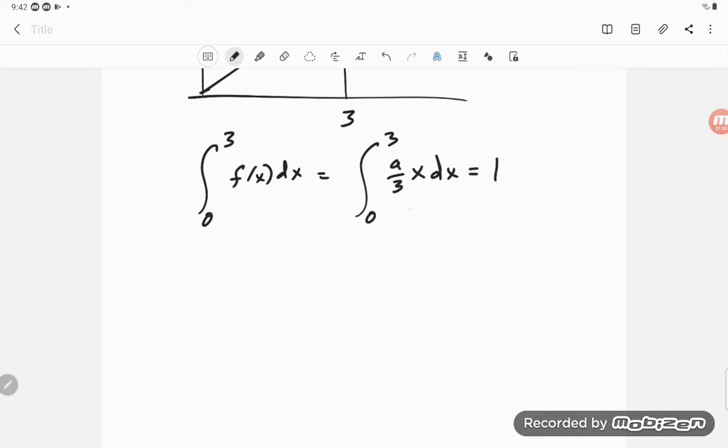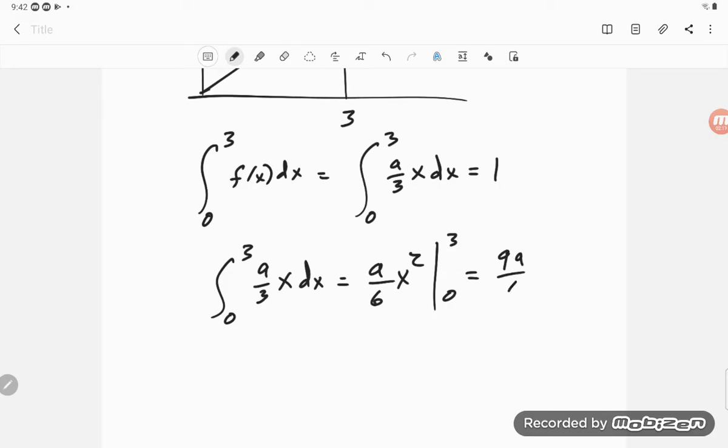And so I evaluate this integral. Integral from 0 to 3 of a over 3x dx. Well, that's a over 6 x squared from 0 to 3, which is 9a over 6.